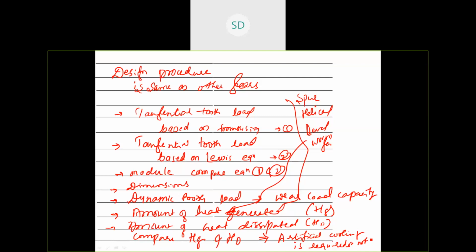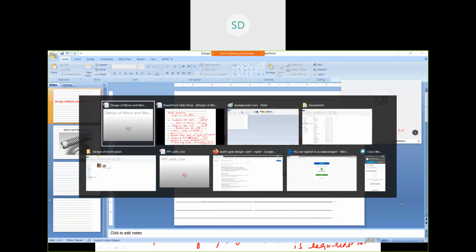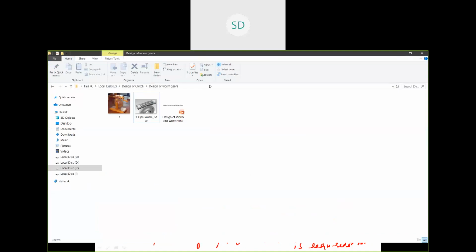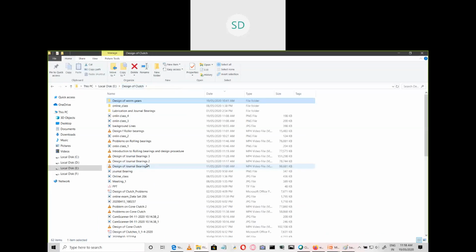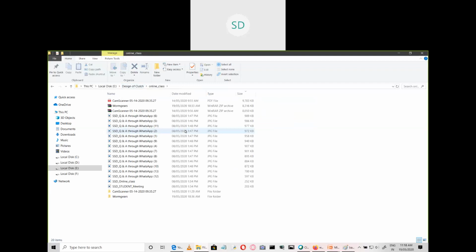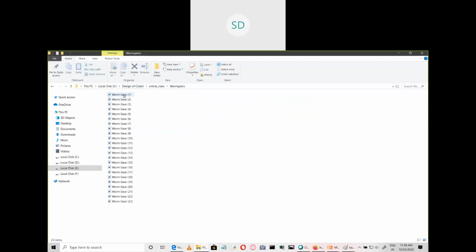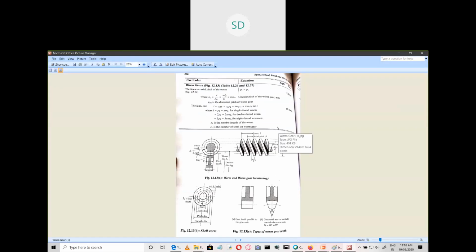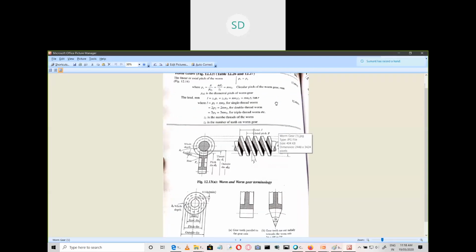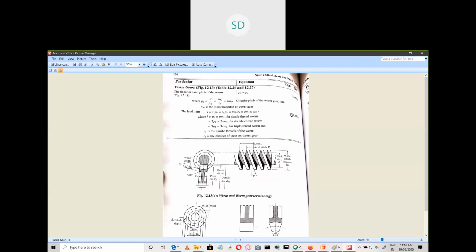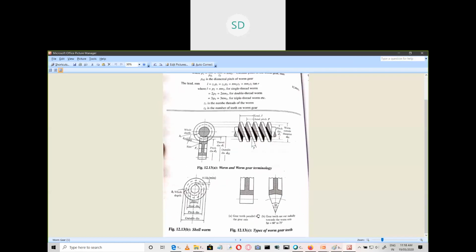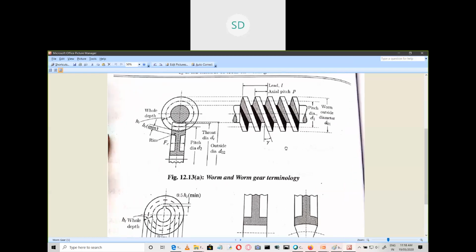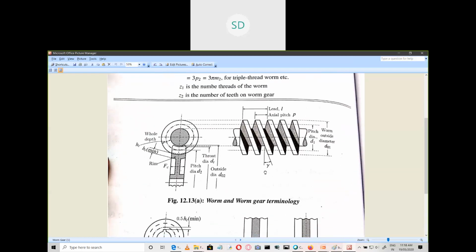Now let us go to the data handbook. This is equation number 12.46a. Now you just refer to figure number 12.13a, worm and worm gear terminologies.